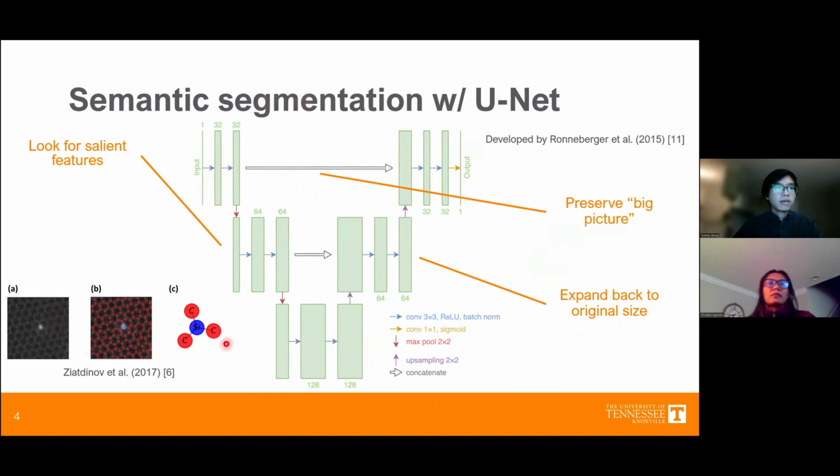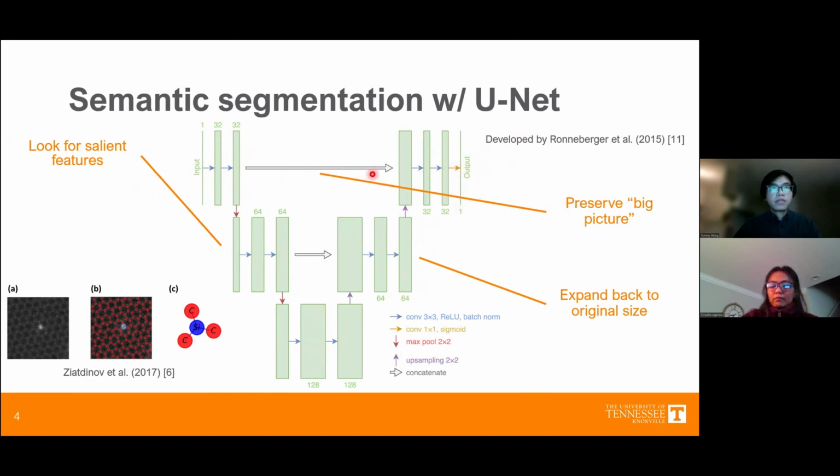So the encoder has a structure that decreases the size of the input progressively, and there are more layers as the encoder approaches the middle of the network to extract more features, and then it's expanded back to the original size using upsampling, so that there could be a one-to-one correspondence between the output and the input in terms of the size of the image.